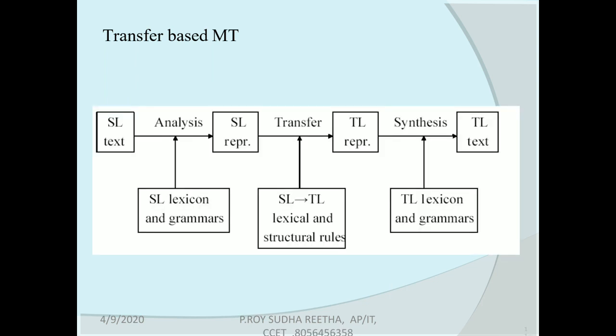This is the block diagram of how transfer based machine translation works. SL refers to the source language text, which on analysis produces a syntactic lexical representation, which with the help of transfer based machine translation is converted into a transfer lexical representation, the target language text.